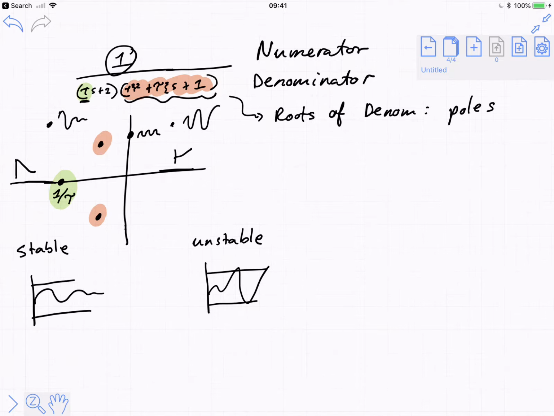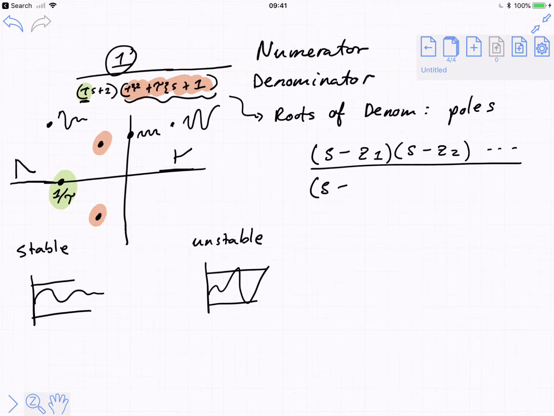And you'll see that we often factor the polynomial slightly differently to accentuate the fact that we are defining these zeros or the roots of that polynomial as interesting points.